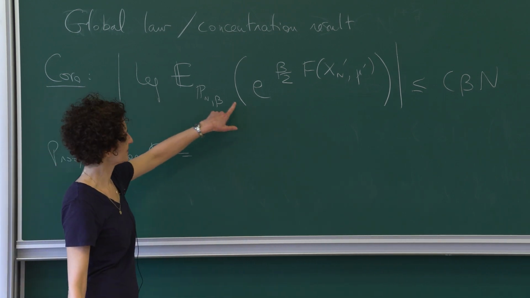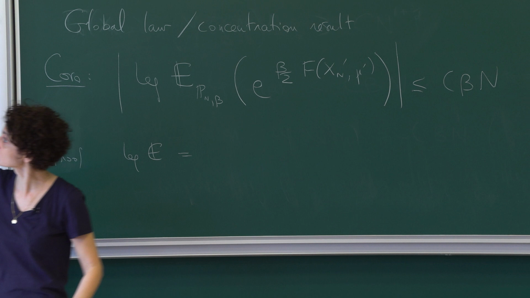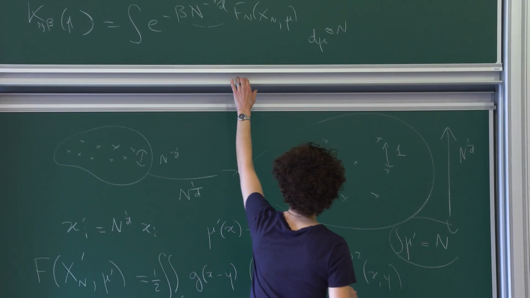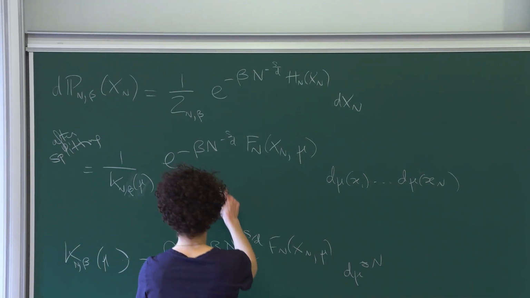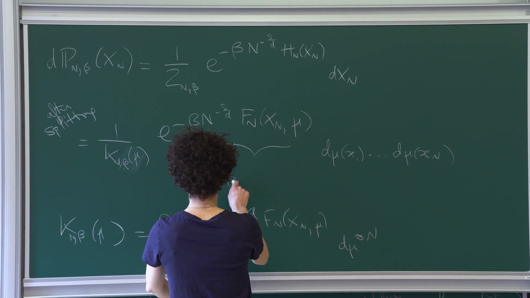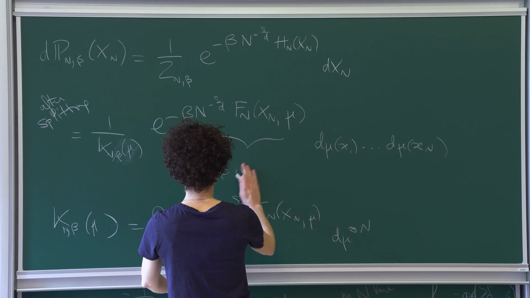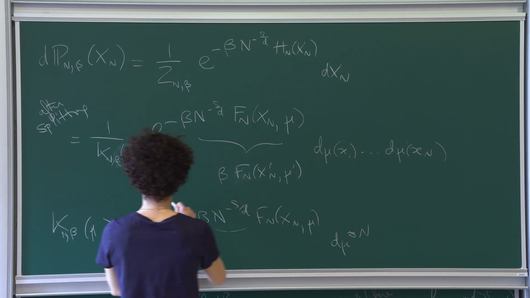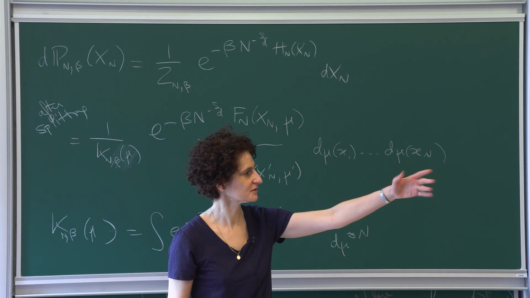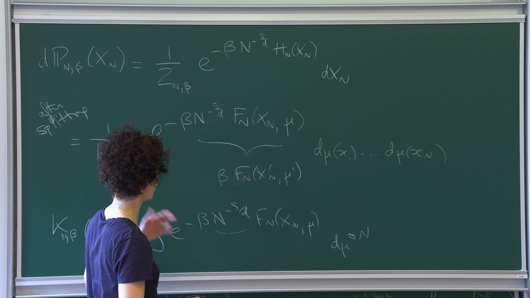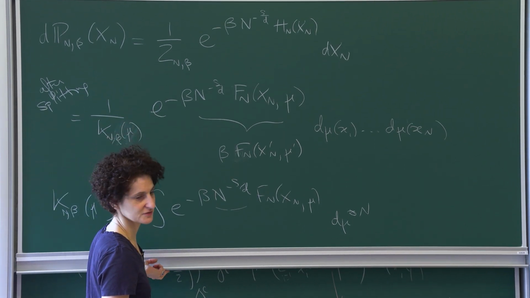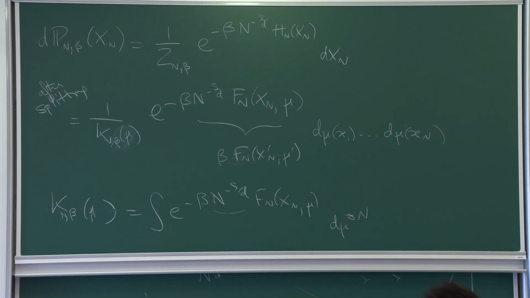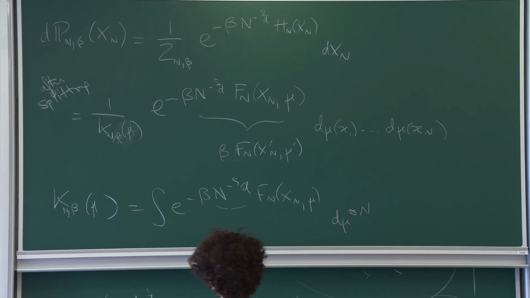So if you think of what this is, you put that inside the Gibbs measure. And now my Gibbs measure, I can rewrite it in terms of beta fn xn prime u prime. And all the other terms are constant, so the additive term, I can just take it out. So this becomes a third way of writing the Gibbs measure, if you want. Maybe I will do it properly.